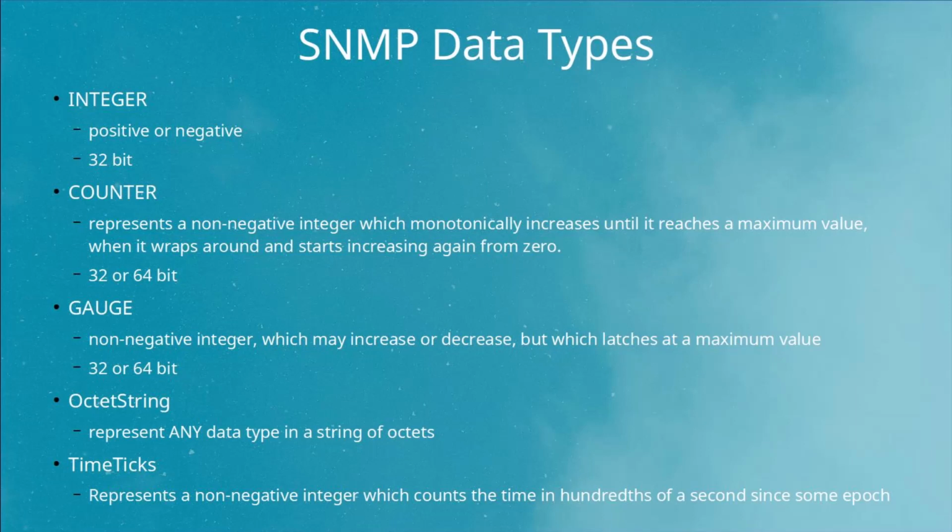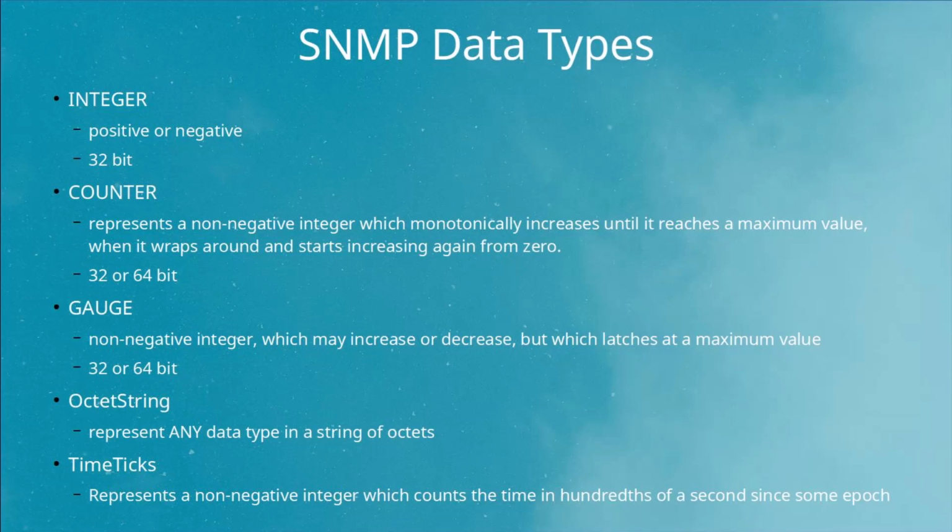A gauge, which is a non-negative integer, which may increase or decrease, but which latches at a maximum value. This can be 32 or 64-bit. An octet string, which represents any data type in a string of octets, and time ticks, which represents a non-negative integer which counts the time in hundredths of a second since some epoch.